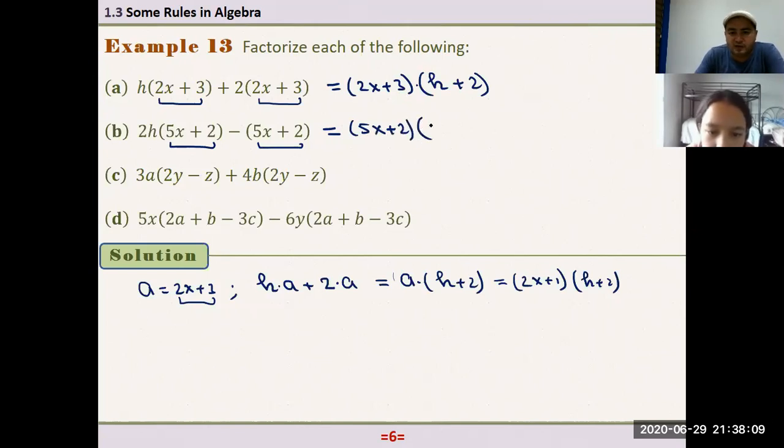And here we have 2h minus, what do we have here? 5x plus 2. If we just extract this, now here 2h is left, so 2h. Here we have minus. Now what is left here? If I just take this out, what is left here?